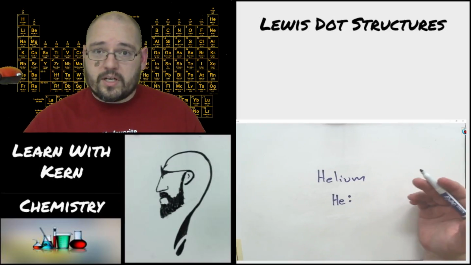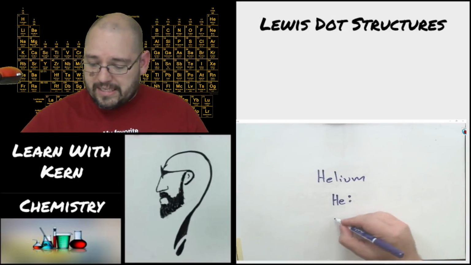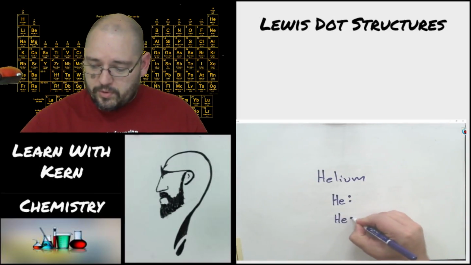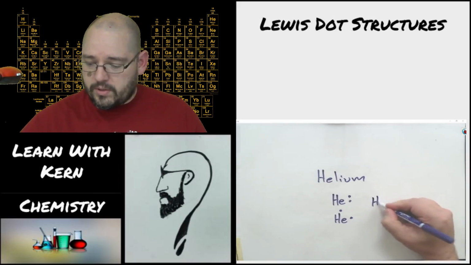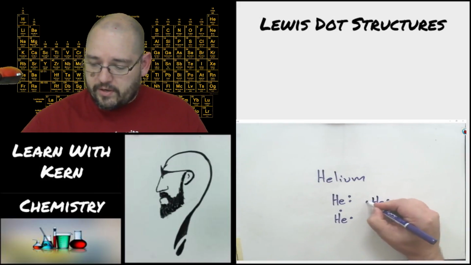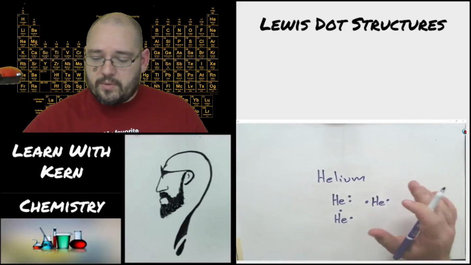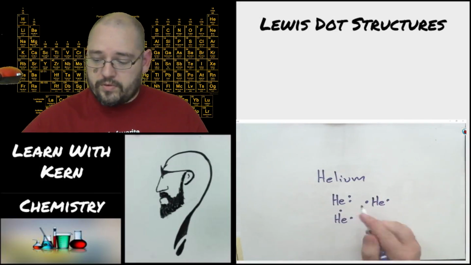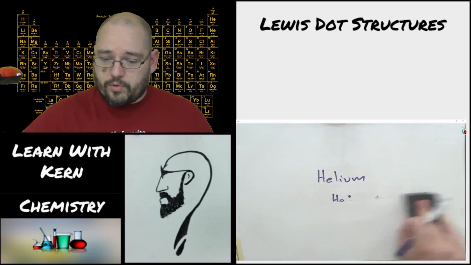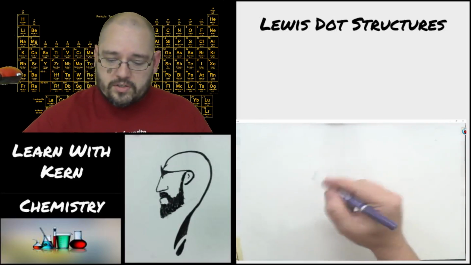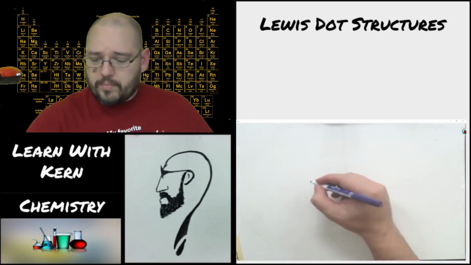So this is the Lewis dot structure for helium. Now, sometimes you'll see people who will do it like this, where they separate them. That's totally fine. You could also do it like this, where they are on opposite sides. But it's helium with 2 dots. Those dots represent its valence electrons. That one's pretty simple.